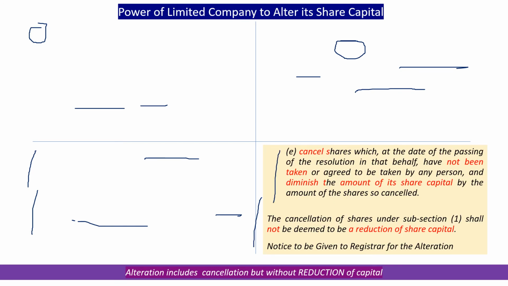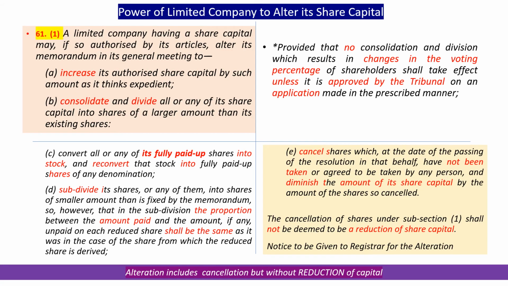And alteration also includes cancellation. If the company has lost money in terms of accumulated losses, to that extent it can cancel the shares, and that is called cancellation of shares, and it will not be considered as a reduction of capital, but the process has to be followed. Increase, consolidation and division should be of fully paid shares, and the pro rata relation has to remain.